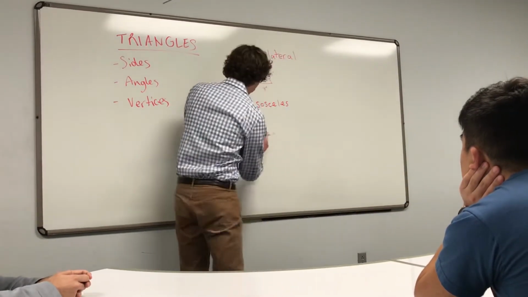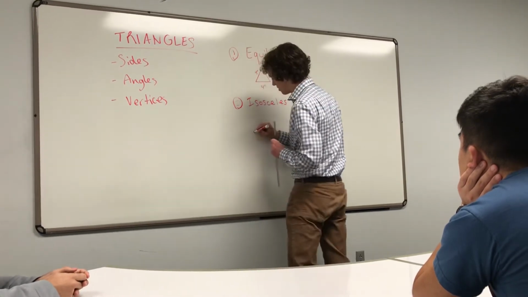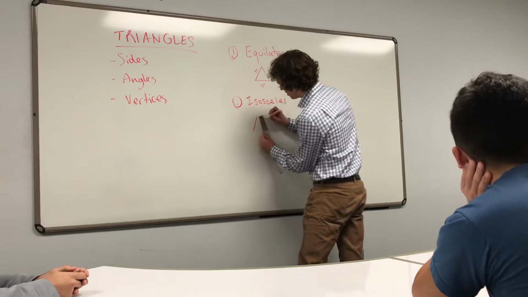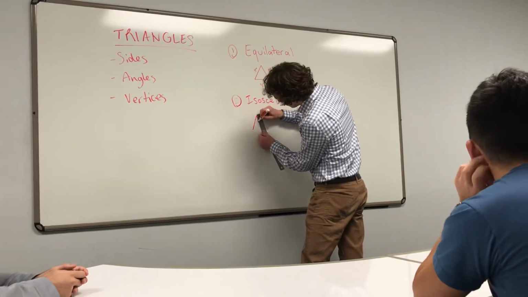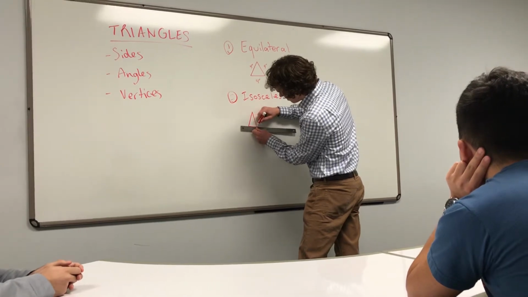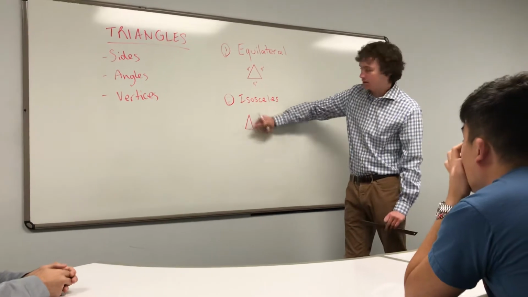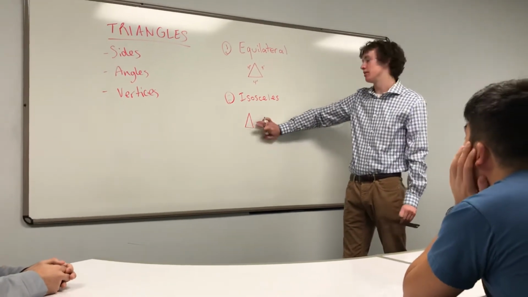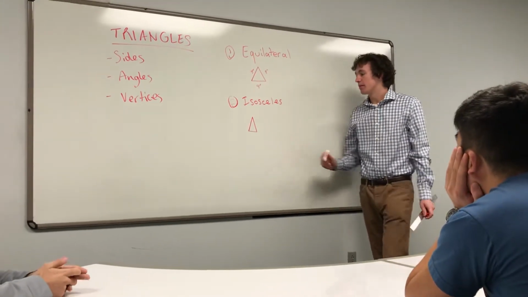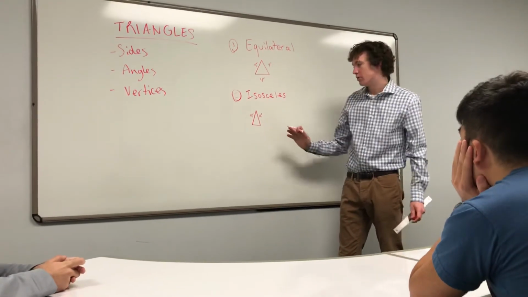So when I draw this triangle, these 2 sides are the same length, whereas this one is clearly shorter than these 2. These 2 will be 4 inches long, and this third one is not 4 inches.